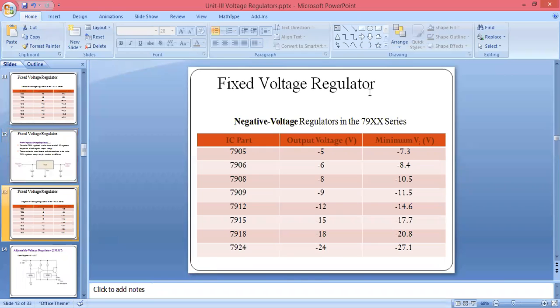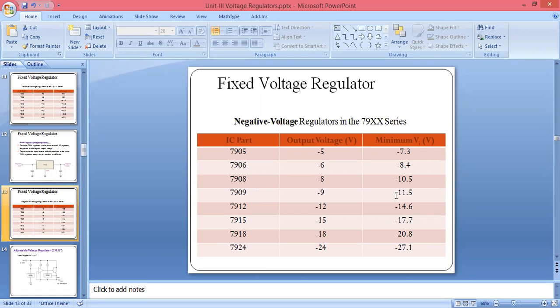Again, if you see the different number of ICs for the negative voltage regulator, in the 79xx series we have a number of ICs available in the market, which will convert unregulated DC voltage into regulated DC voltage, but that voltage will be negative. So here if we are having the IC 7909, the negative input voltage minimum value will be minus 11.5.